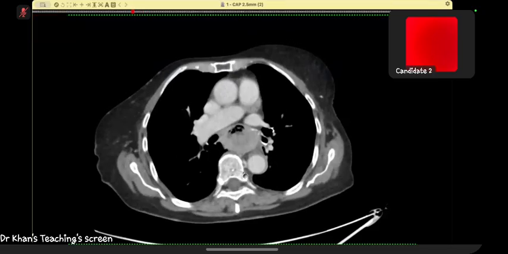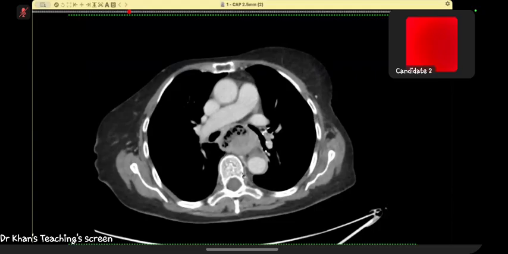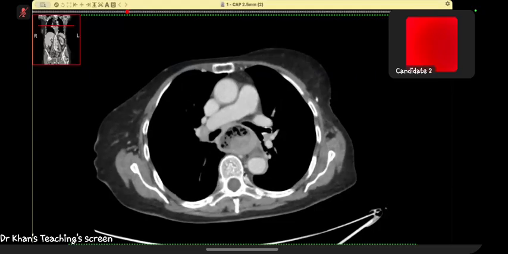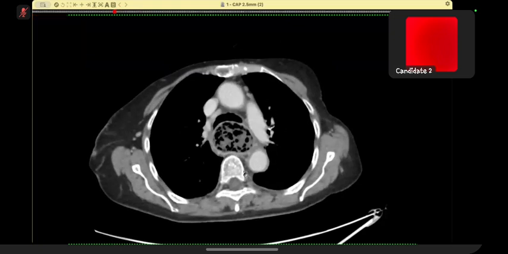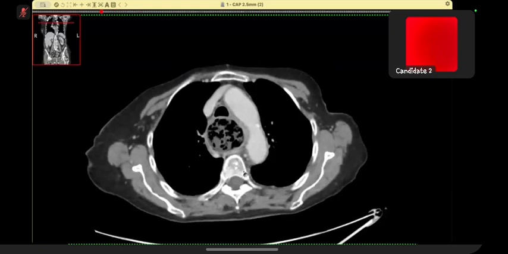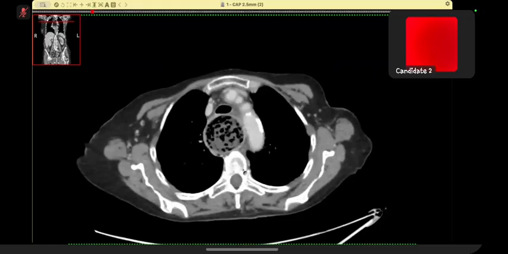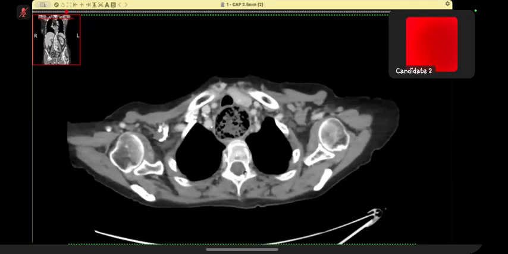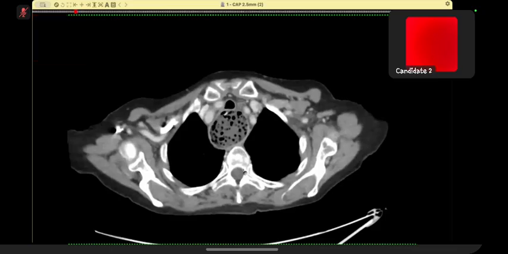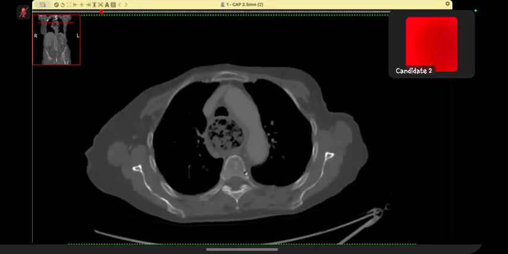I would also like to look at the chest, to look at the lung fields as well, to look for any aspiration or any lung nodules which could be metastatic or due to aspiration. I would also like to look at the rest of the abdomen and rest of the bones.